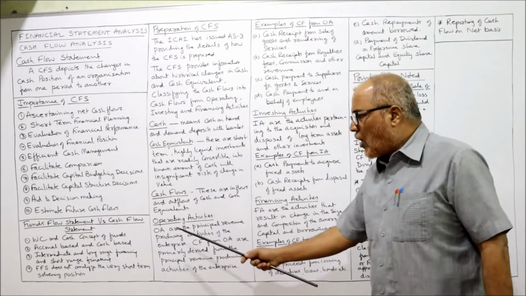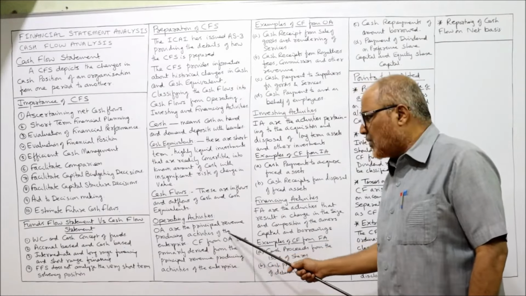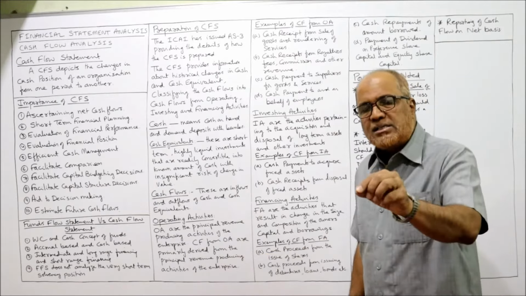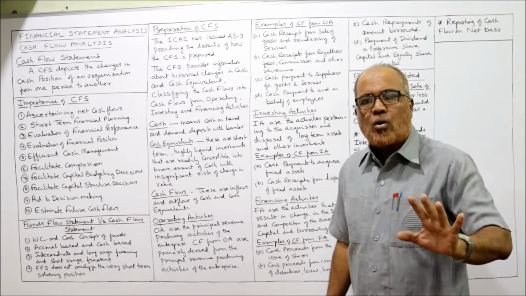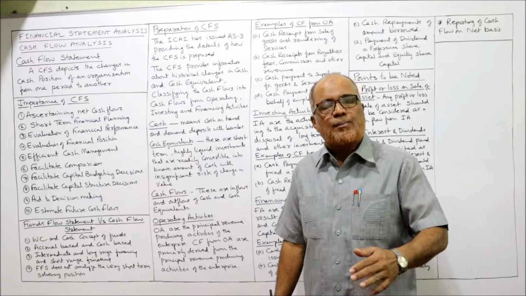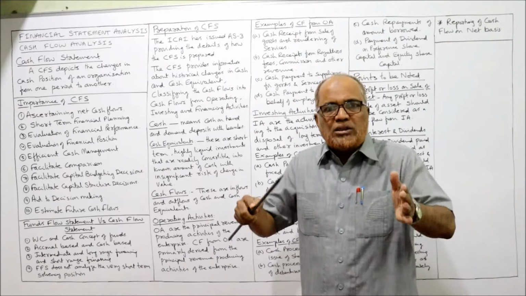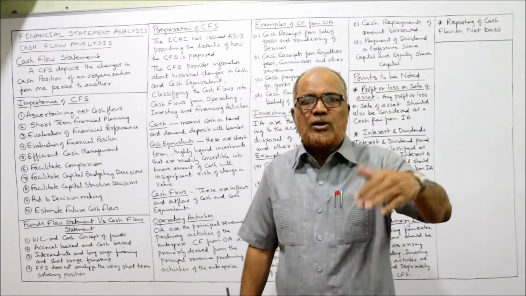First, operating. Operating activities are the principal revenue producing activity of the enterprise. Principal revenue producing activity is called operating activity. Example, a business is dealing in, suppose, cloth. A cloth business is there. So the main activity of the business is to purchase the cloth and to sell the cloth.